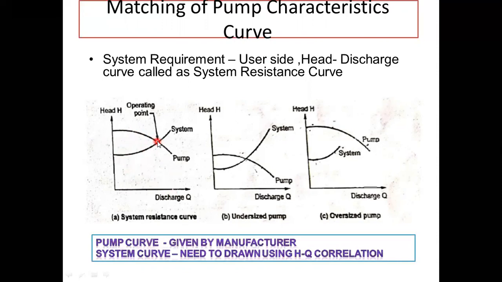If you consider this is the operating point, the maximum variation will be starting from this point, means we can say the maximum area under this curve will be covered, means maximum range of this head and discharge will be covered at this operating point.